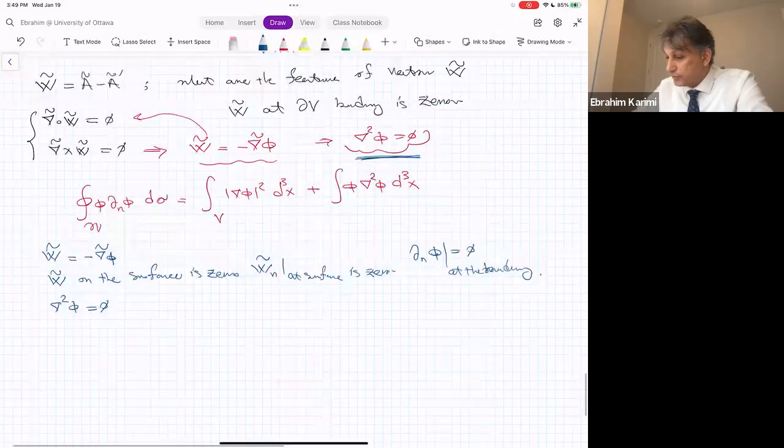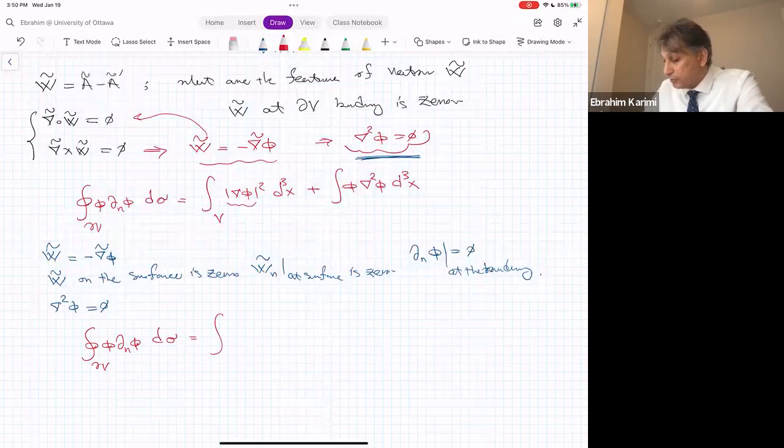Now let's substitute this. So integral of phi, derivative of phi at the surface, d sigma, is equal to integral of gradient of phi, which is W, to the power of 2, so it will be W absolute value squared on a volume V, is equal to integral of phi Laplacian of phi d3x.